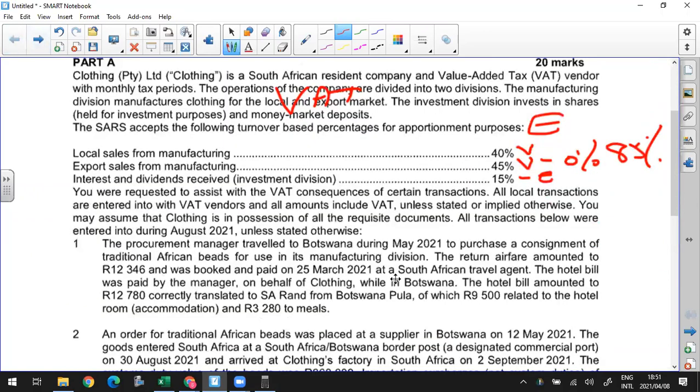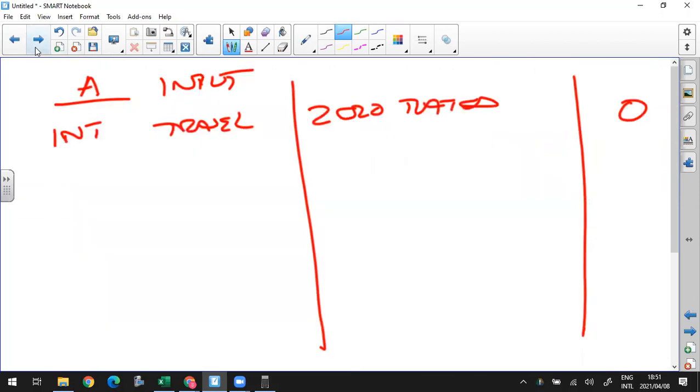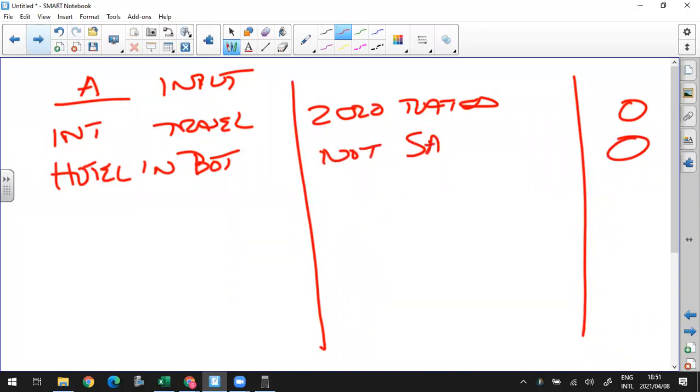It carries on. It says the hotel bill was paid by the manager on behalf of Clothing whilst in Botswana. So what's going to happen? Hotel in Botswana, 0, not SA VAT. So you can't claim it.